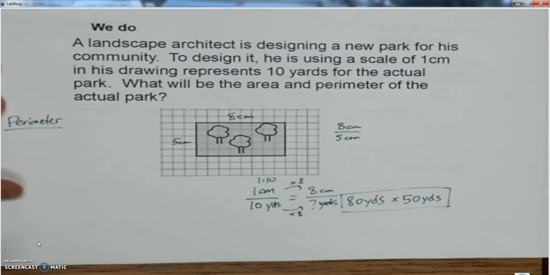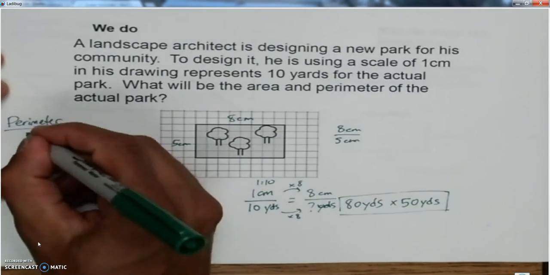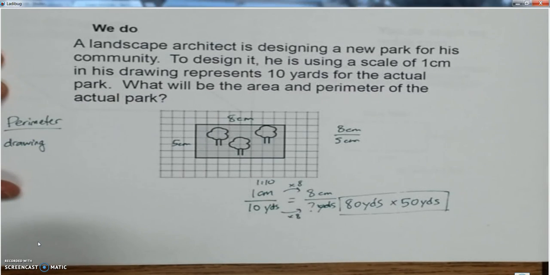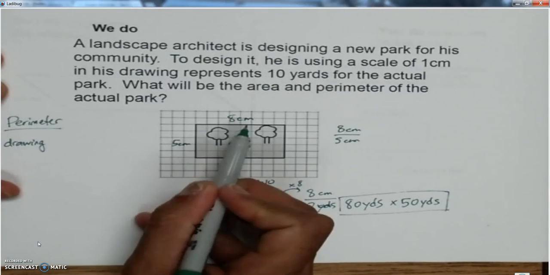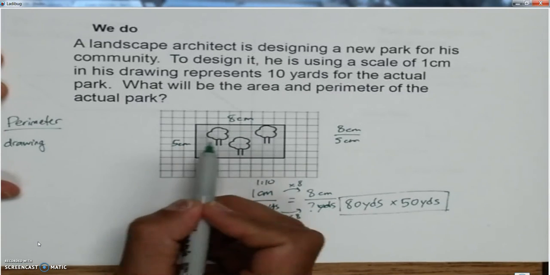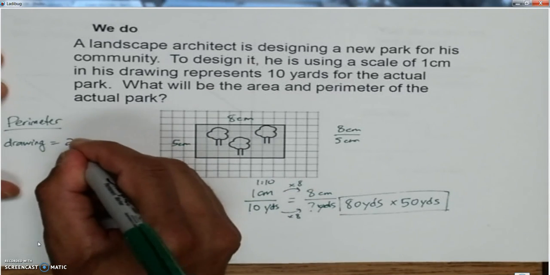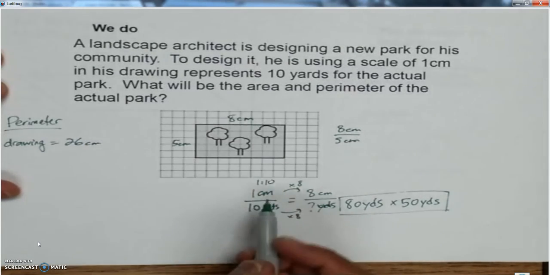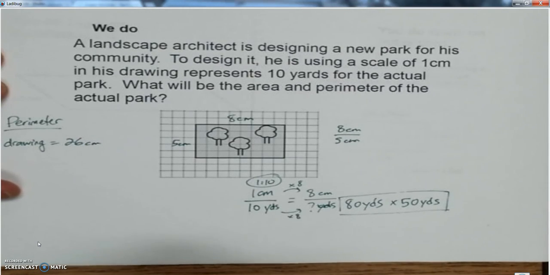So when I check the perimeter, let's think about the perimeter first. The perimeter of the drawing is 5 plus 8 plus 5 plus 8. So that'd be 16 plus 10, which is 26 centimeters. And my scale factor, remember, was 10 here. I'm scaling this up by 10, basically.